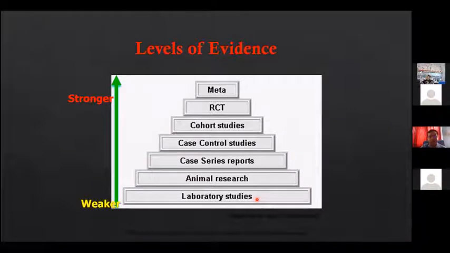So if you see the pyramid in the literature, you will find most of the articles towards the bottom of the pyramid. But as you go up the pyramid, the number of articles will reduce, but the clinical significance of the articles will increase.